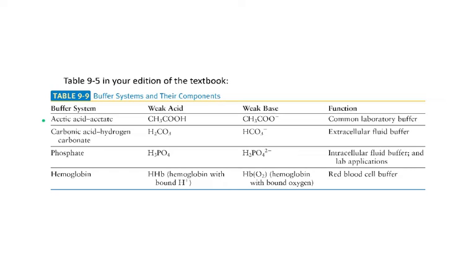So acetic acid would be right here, and acetate is the polyatomic ion that no longer has the H plus, and it is the conjugate base of acetic acid. That's used commonly in laboratories to maintain pH. That one is, I believe, around 4.7.